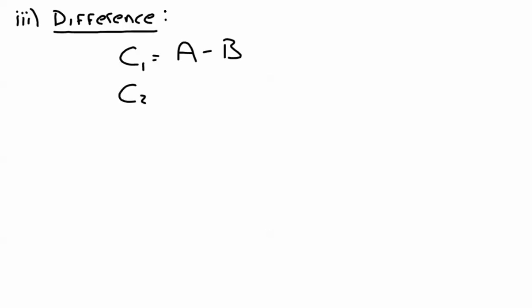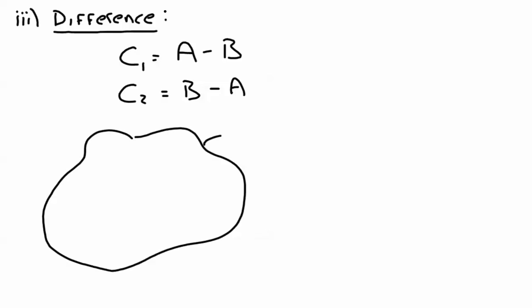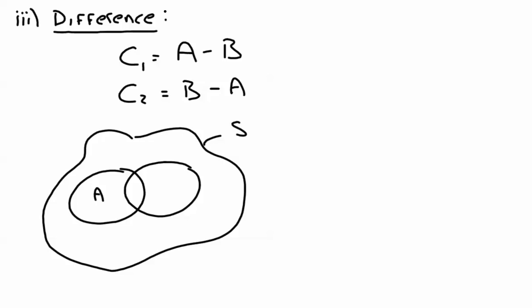And a C2 might be B minus A. So let's look at that from a Venn diagram perspective. This will be my sample space S. This will be set A, and this will be set B. A minus B represents all of those elements that are in set A, but which are not in set B.